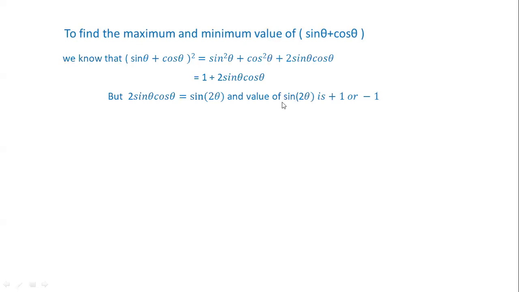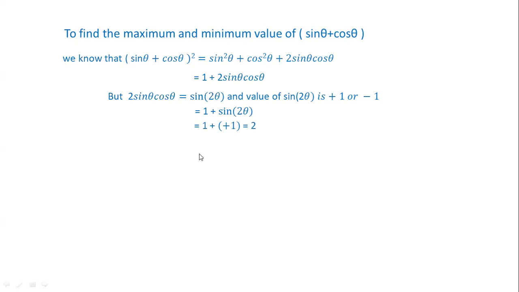And the value of sin 2 theta varies from plus 1 to minus 1. So that means the maximum value will be plus 1 and the minimum value will be minus 1. So if you put it in this value, 1 plus sin 2 theta, suppose the highest value of sin 2 theta is plus 1. So it will be 1 plus 1, that is 2.